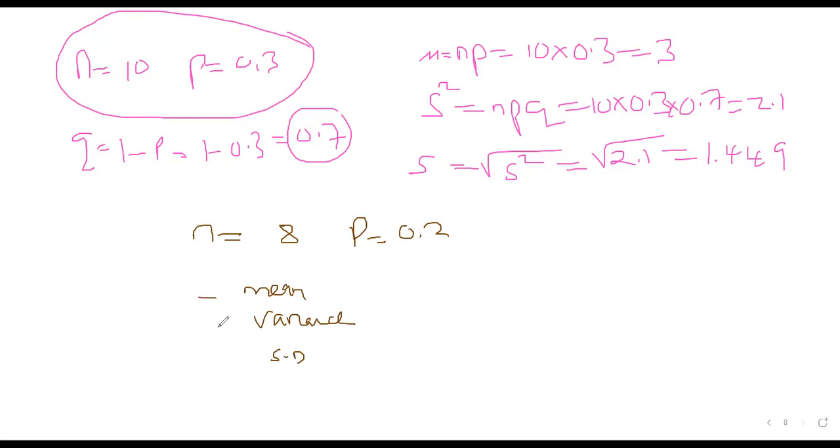Quickly, calculate these three if our n is given by that. Try to calculate for me.